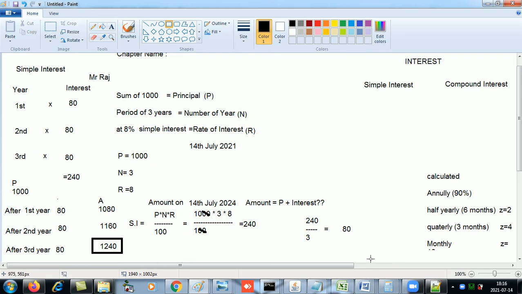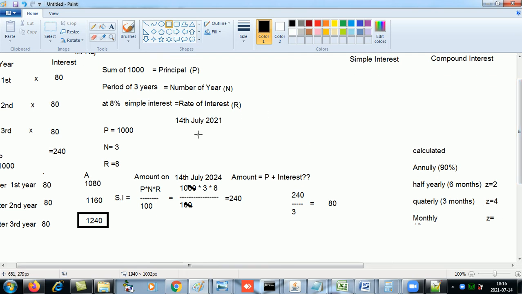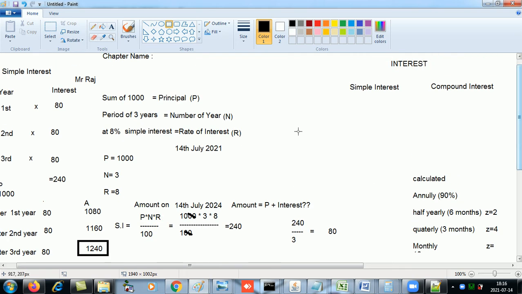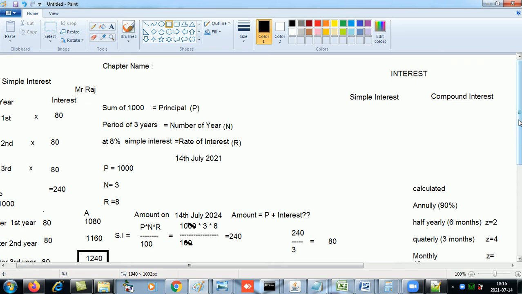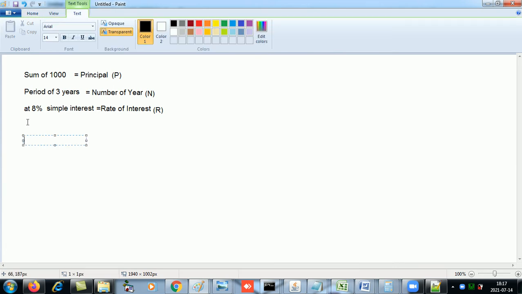Okay. Now let's come to what I meant by this when I use the formula of Z. Now, not always the interest will be calculated annually, right? So let's take one example. So this is the same. Now let's say, so first write the PNR over here. Interest calculated half yearly. Let's do it like this.